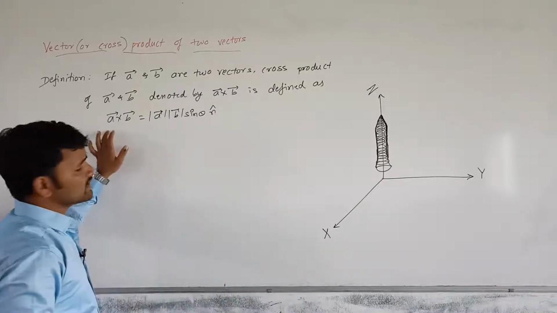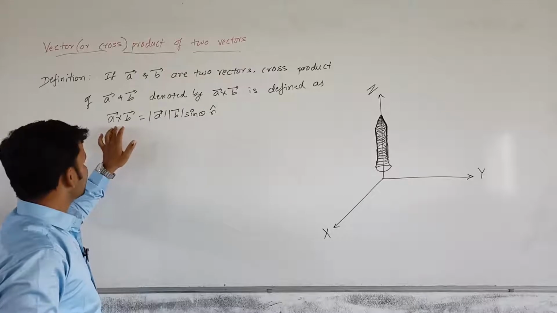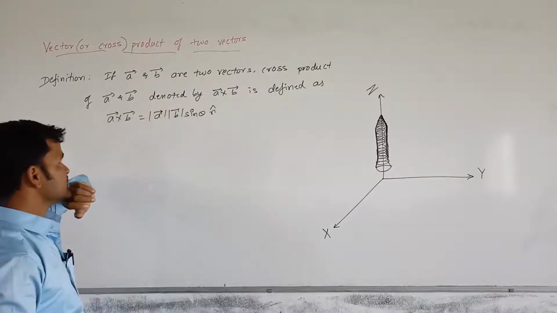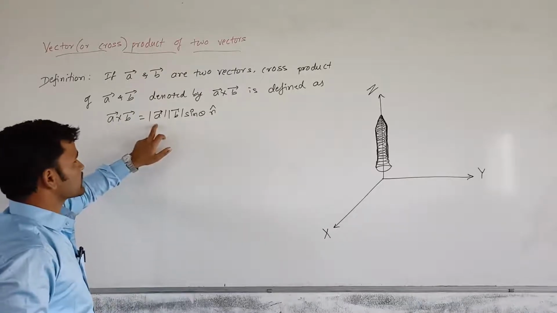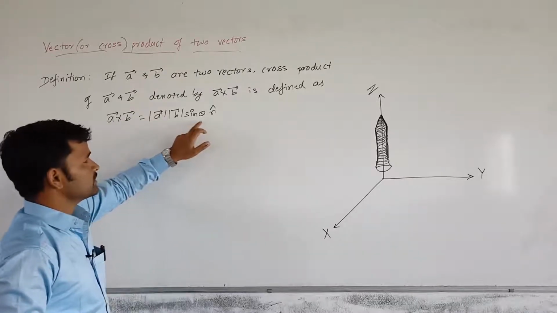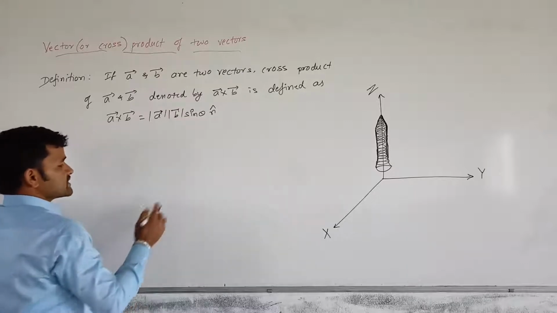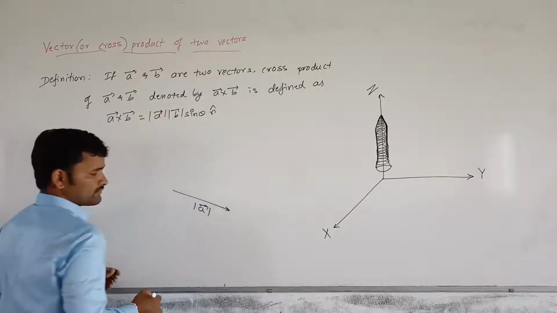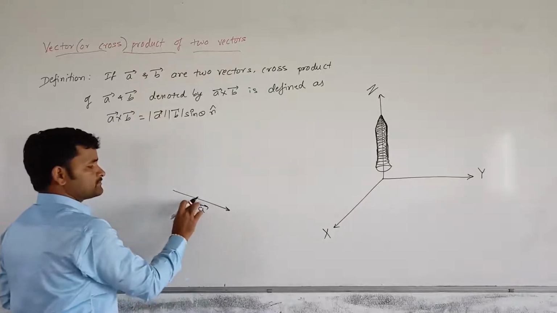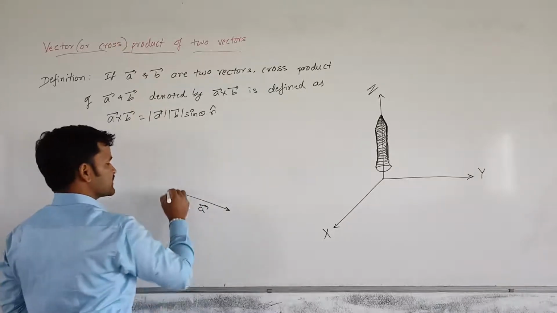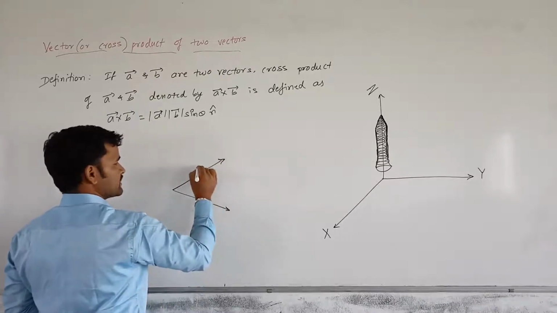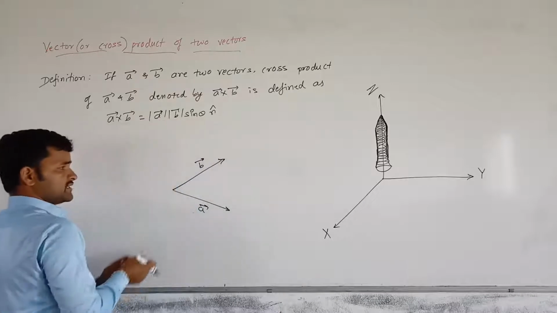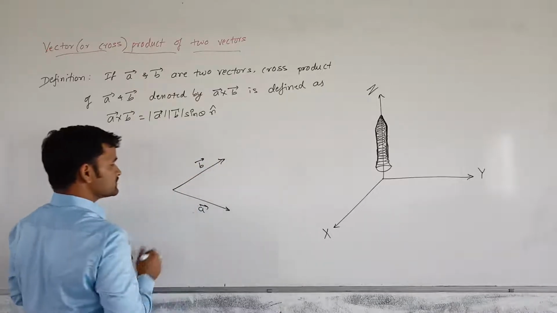The cross product of vector A and vector B will be denoted like this, A cross B. It is defined as magnitude of vector A into magnitude of vector B into sin theta. What is this magnitude of vector A? Magnitude of vector A means the length of vector A is taken. Let us take this as the first vector and there is another vector, vector B. Its magnitude means its length is taken.